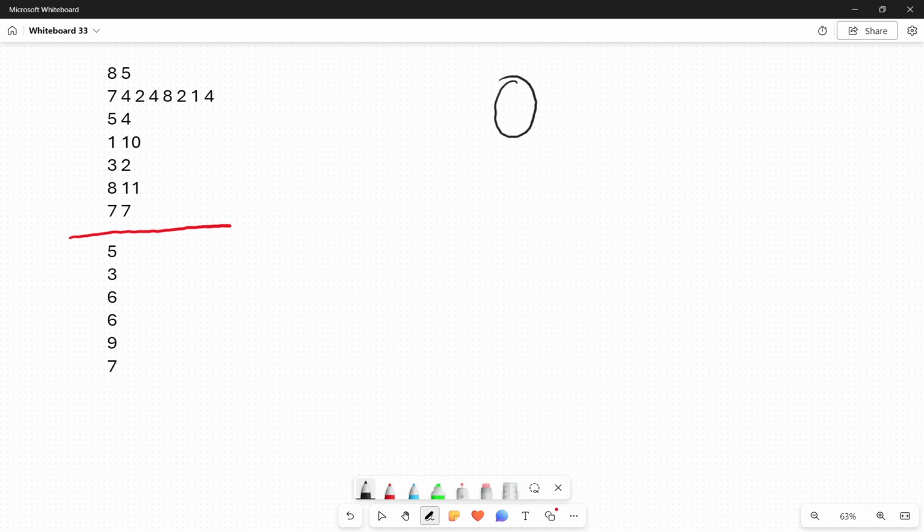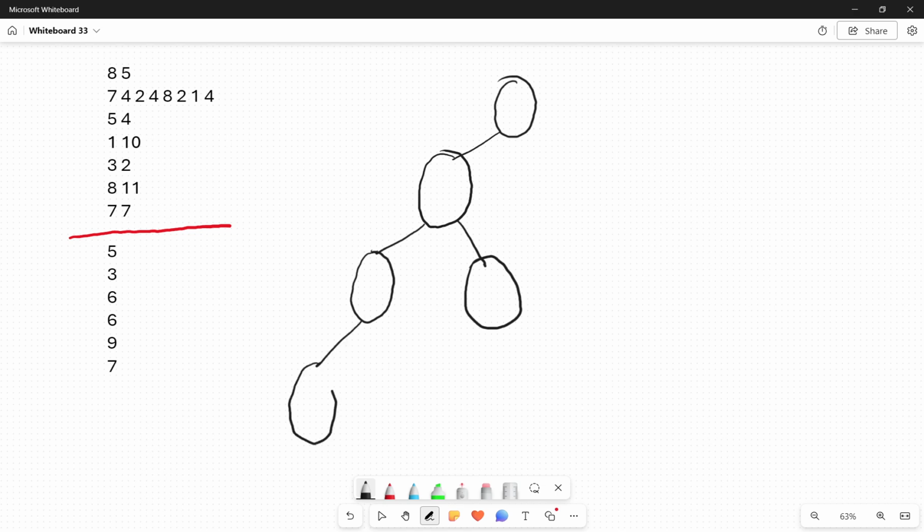So this is one node, this is still a node, this is still a node, again this one, this one, this thing.